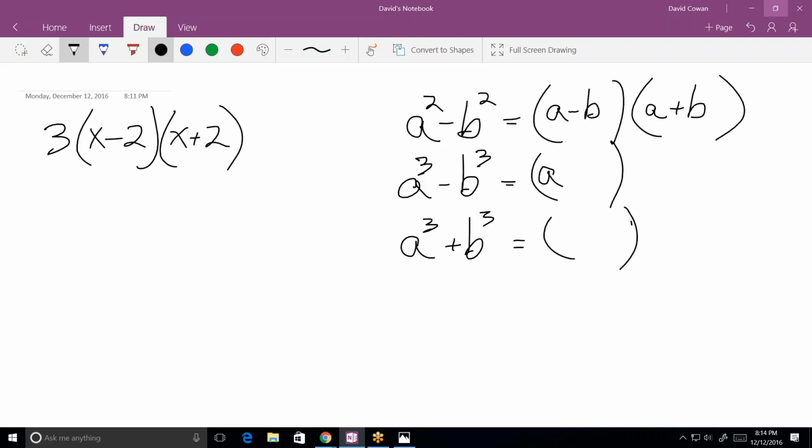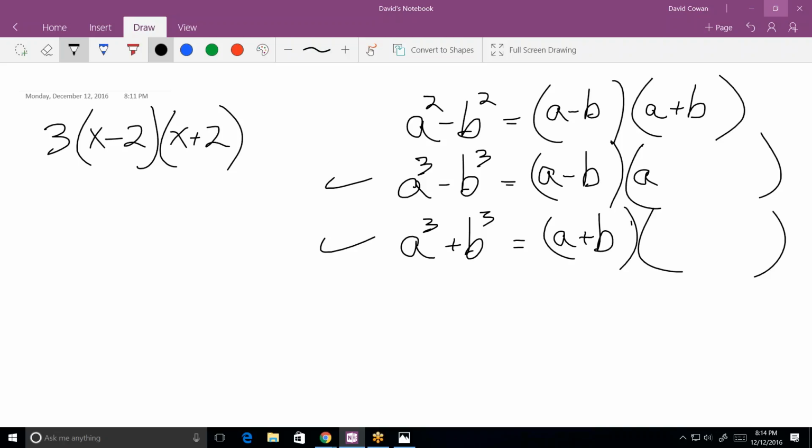This is also a minus b. This is a plus b. So it's real easy to figure out the first linear factor. Now, the second term is always a quadratic if you're dealing with either of these two. And it's always a squared, and then the sign of the middle term is opposite.